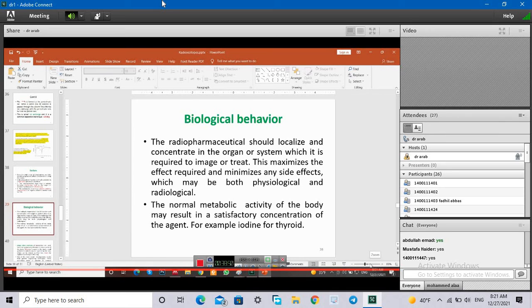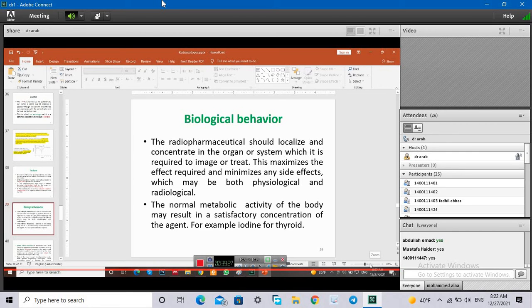Therefore, it should have maximum effect against the targeted organ as well as minimum side effect on other organs. For example, due to accumulation of iodine in the thyroid, for imaging or therapy of thyroid we use different types of iodine.